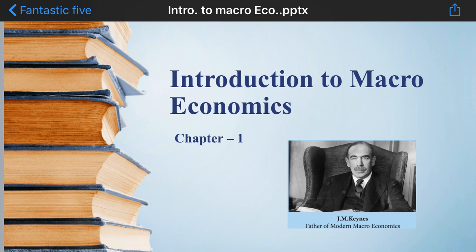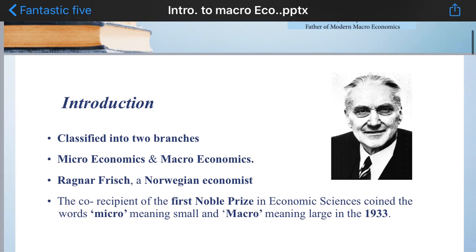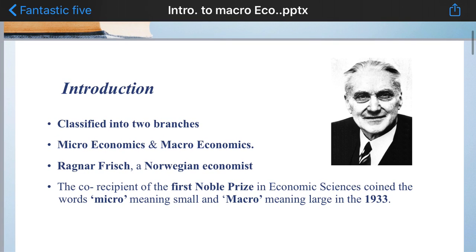So Ragnar Frisch, a Norwegian economist and the co-recipient of the first Nobel Prize in Economic Science, coined the words micro meaning small and macro meaning large in the year 1933.